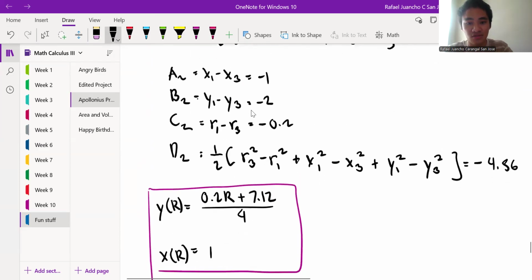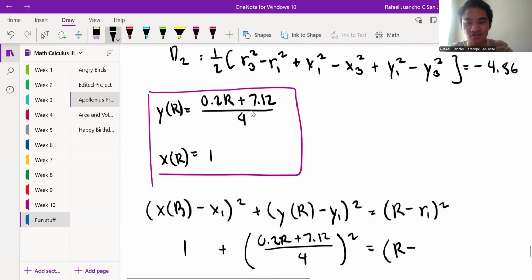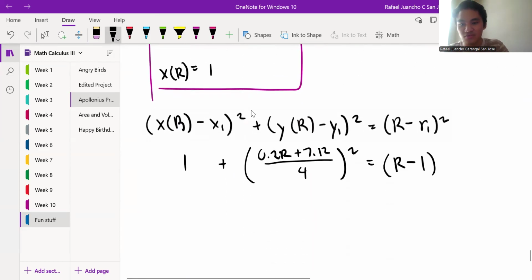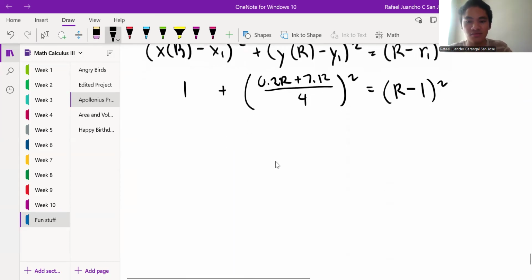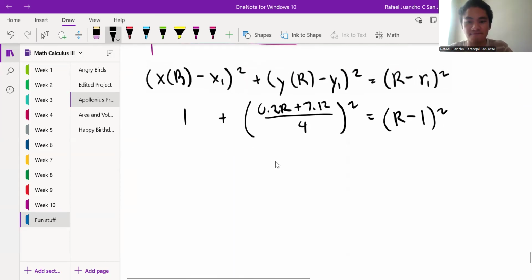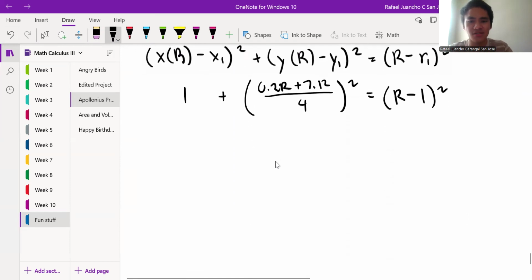R sub 1 is 1. And now I think we can solve for this, right? So we can say this is 0.2 over 4. What was that? 0.05?